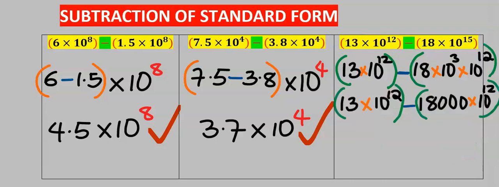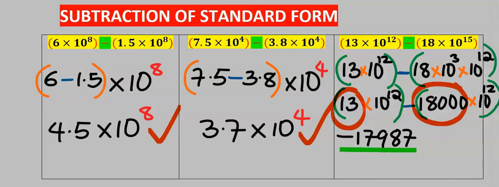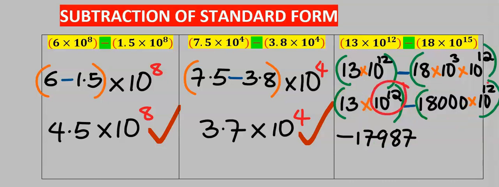Next, 13 will subtract 18,000 and you will have minus 17,987.